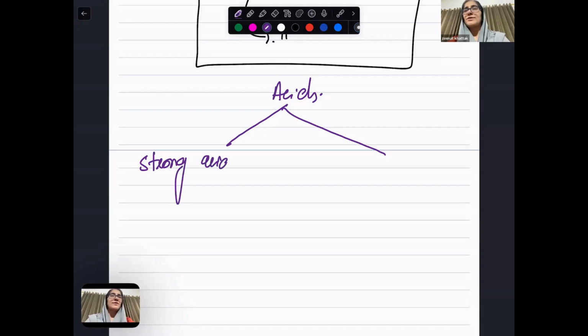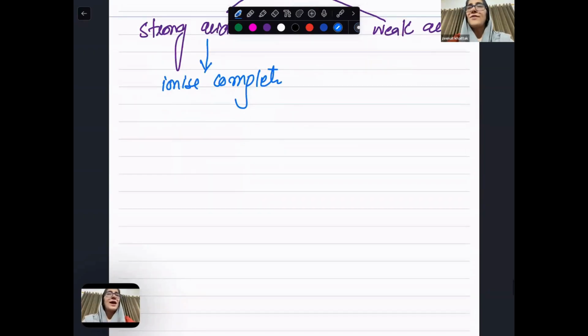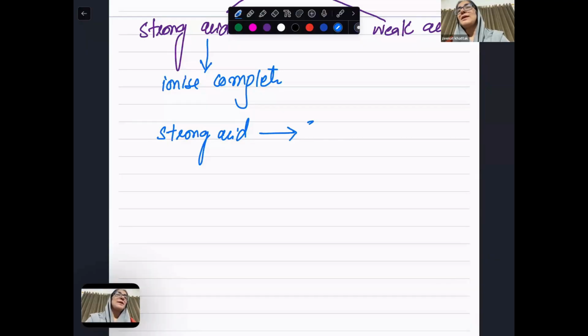Strong acid and weak acid. Strong acid ionizes completely. So, if I have a strong acid, it will ionize completely, making H plus.